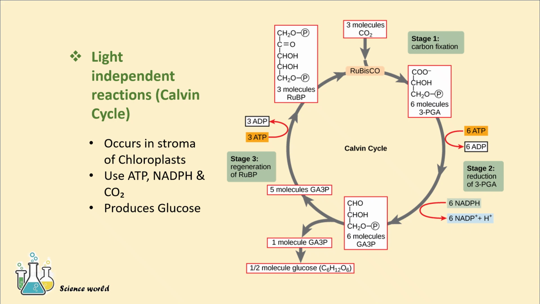So up to now we have discussed what is happening in the light dependent reactions in the chloroplast. Now we will see what the light independent reaction, which is known as the Calvin cycle, is. As the name implies, these light independent reactions do not require light, and they occur in the stroma of the chloroplast.